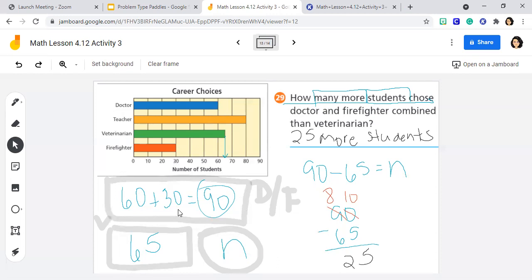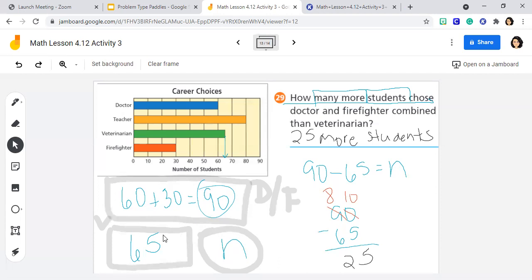I know that 60 plus 30, I could do 60, 70, 80, 90 to get my total. And I actually circled it because I knew that that was ultimately the number that I wanted to work with.